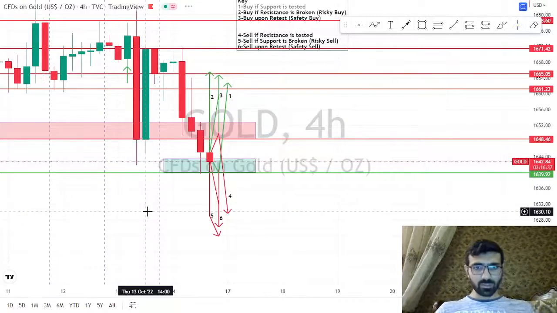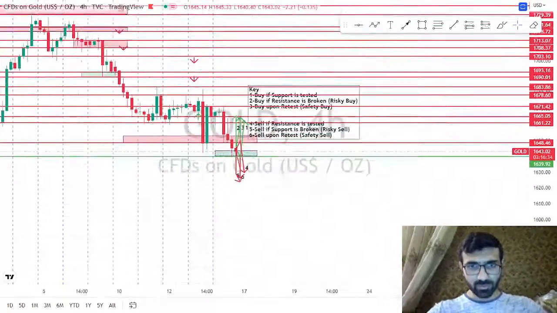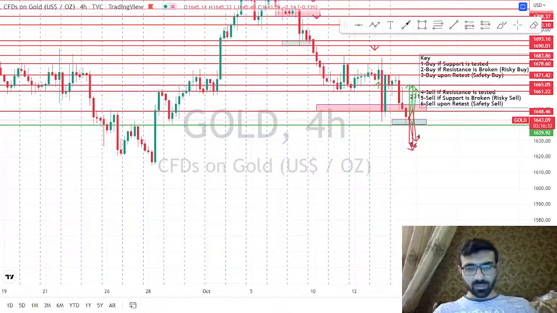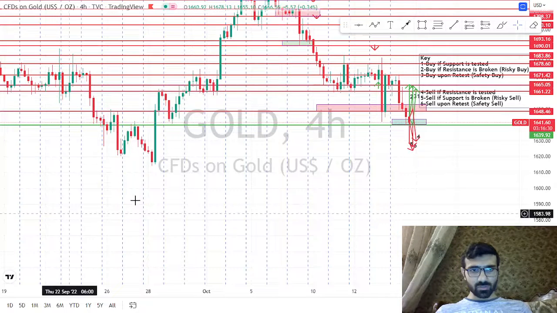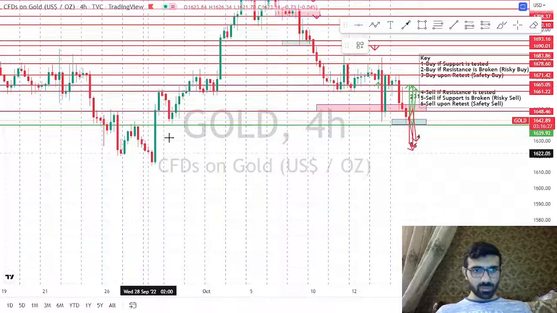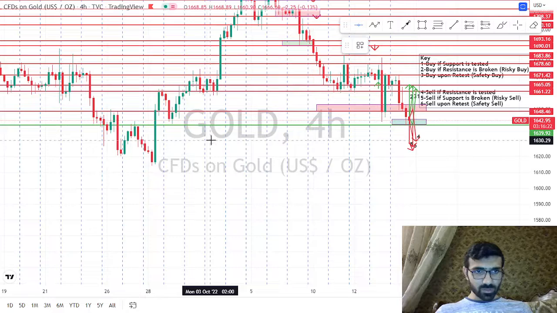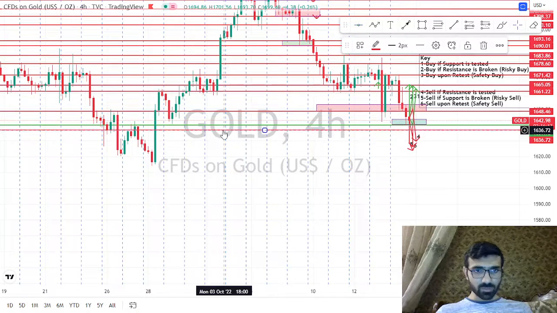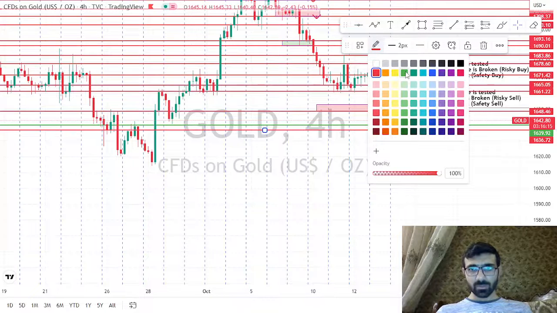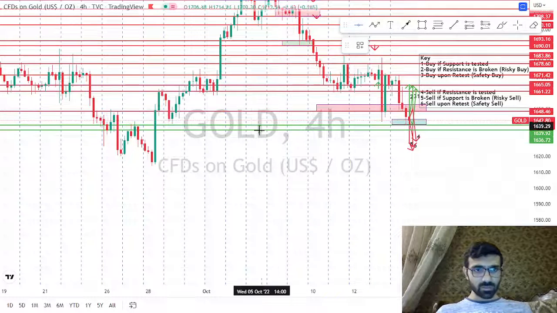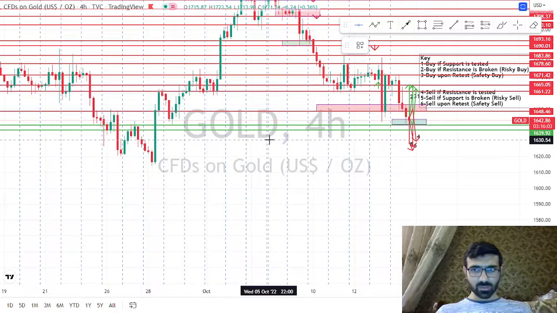Let us also have a look at the 4-hour chart so we can identify if we have anything recent. Not really. So let me mark a new area of support after this area. In the 4-hour, we have the next area of support over here, and after this area, the next support area will be either this area.